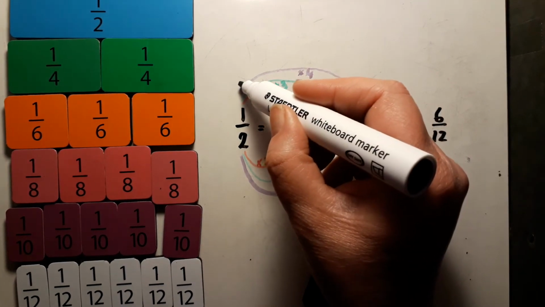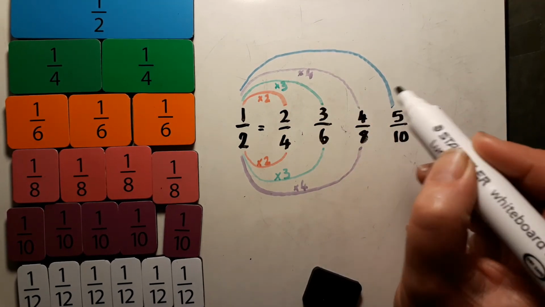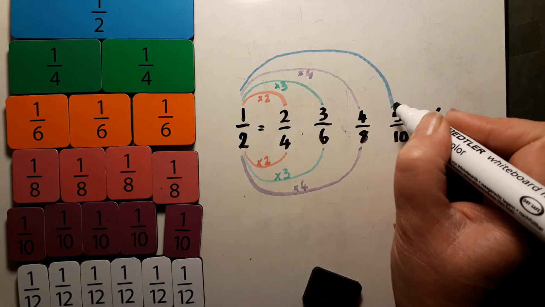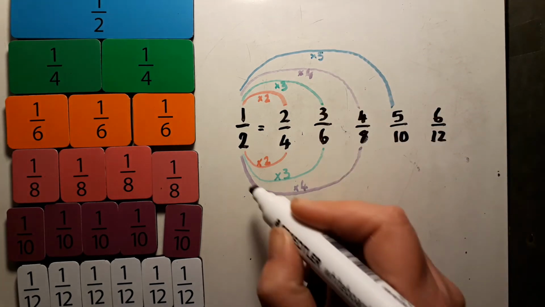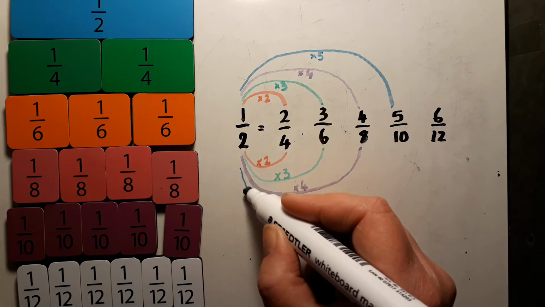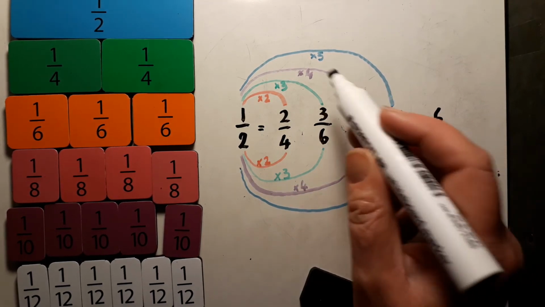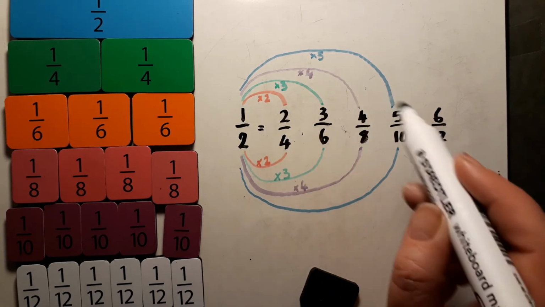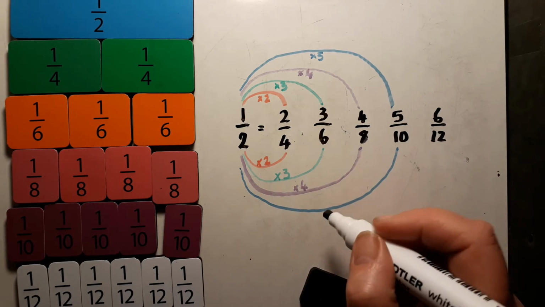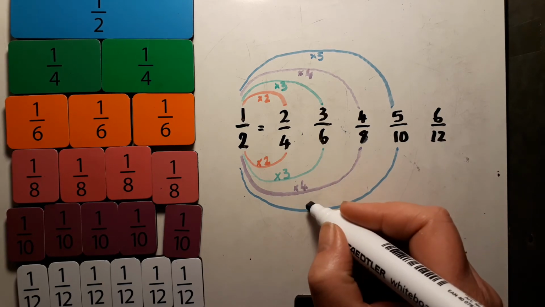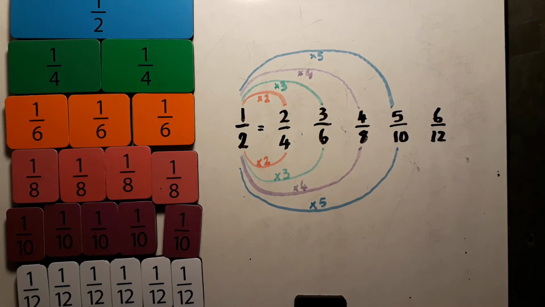And here, the numerator has changed to 5. So we've multiplied by 5 here. So I multiplied my numerator by 5 because 1 times 5 is 5. And here we can do 2 times 5 is 10.